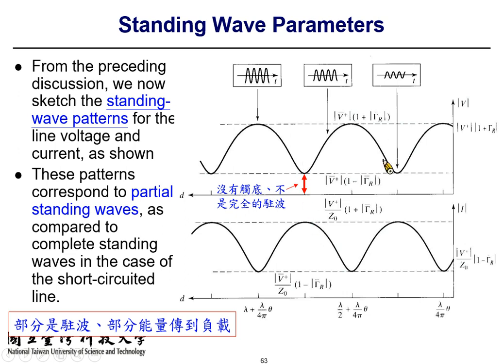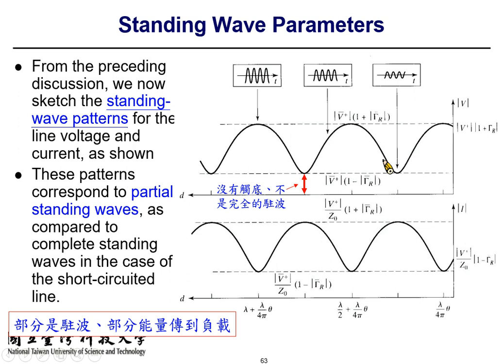For partial standing wave, from the perspective of energy delivery, some of the incident energy is reflected, but a part of the incident energy is delivered to the load. So this is not an ideal case, but some of the energy is delivered.